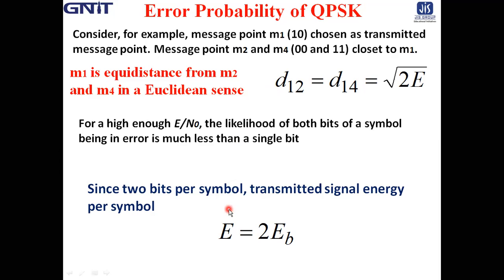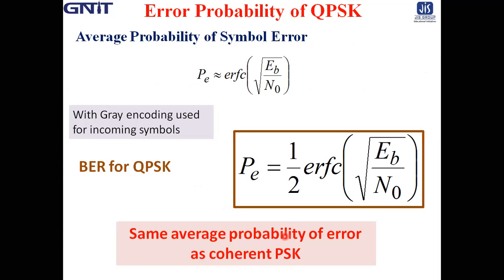Now in a QPSK system, since there are 2 bits per symbol, the transmitted signal energy per symbol is twice the signal energy per bit. That is E equal to 2 into Eb. Thus, expressing the average probability of symbol error in terms of the ratio Eb by N0, we may write PE equal to erfc square root of Eb by N0.